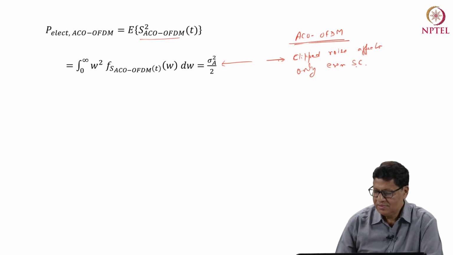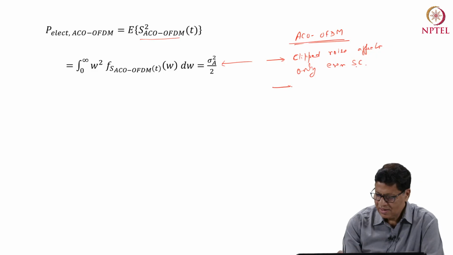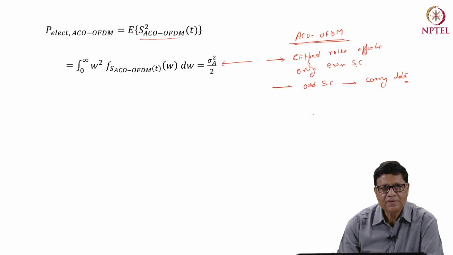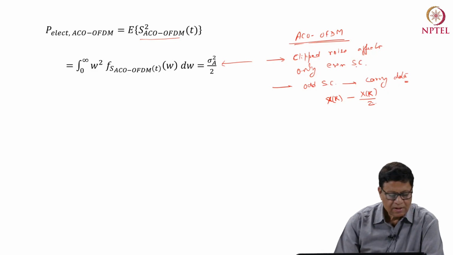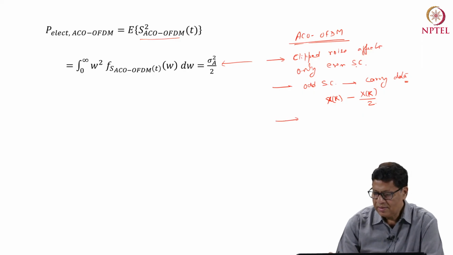Data is only on the odd subcarriers, and the odd subcarriers carry the data. Only issue is that the amplitude is half, 50%. The amplitude of the symbol gets reduced by half. So X_k, which was the original data symbol, has become X_k by 2. And there is no DC here.